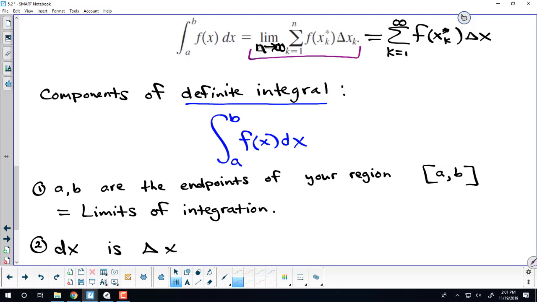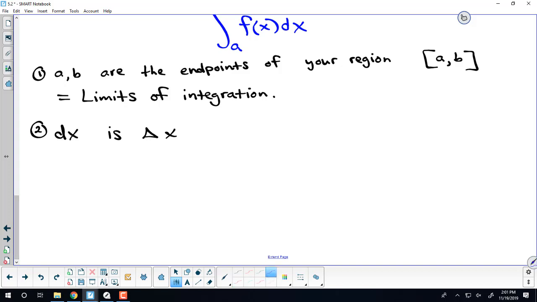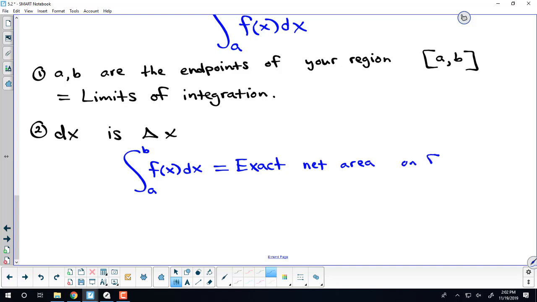When we compute a definite integral, what it's going to give us is the exact net area from a to b. Okay. Because we just replaced this symbol with our infinite sum stuff. It's a little more technical than that, but that's the basic idea.